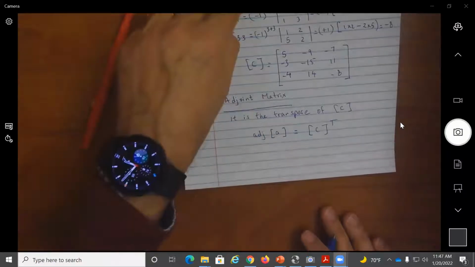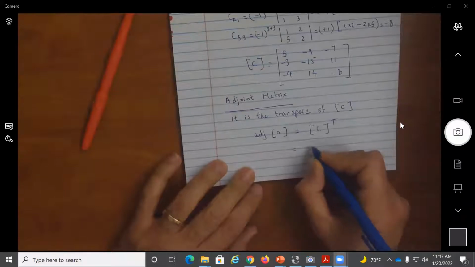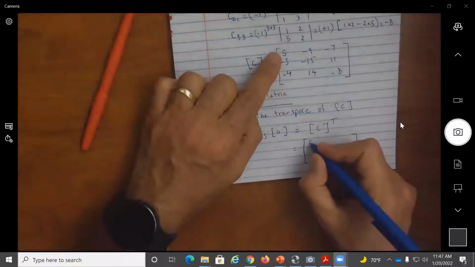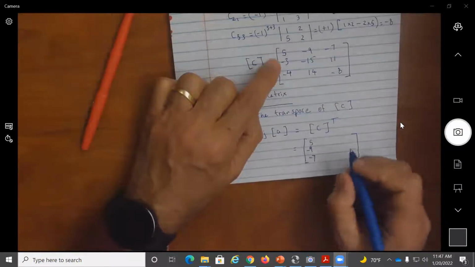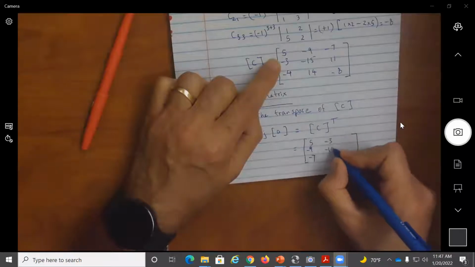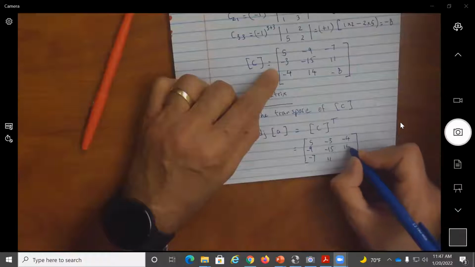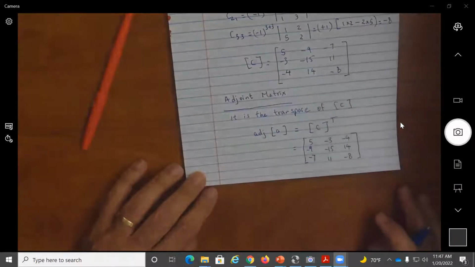So in this case, if this is A, and I want to find the adjoint matrix, this is going to be equal to 5, minus 9, minus 7, minus 3, minus 15 and 11, minus 4, 14, and minus 8. I transposed the cofactor matrix.